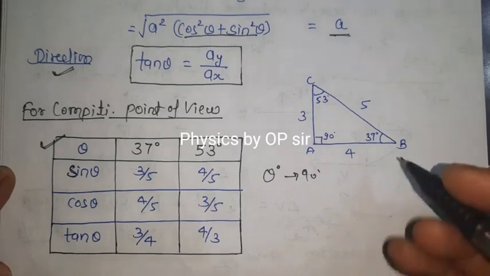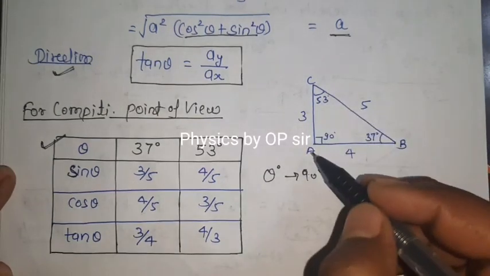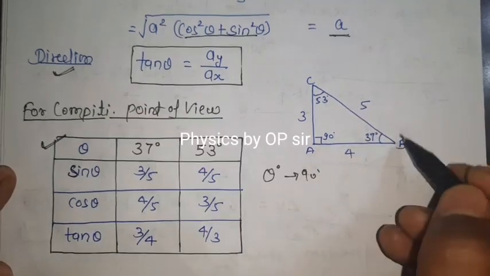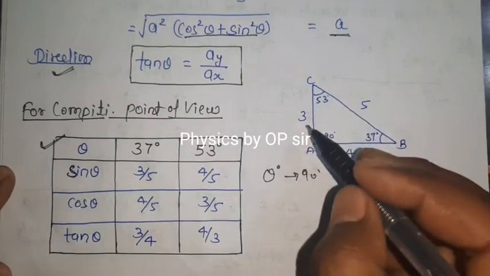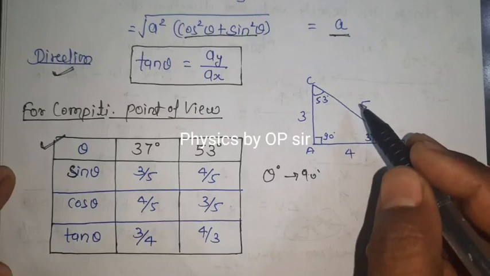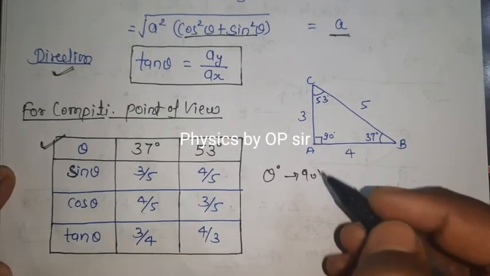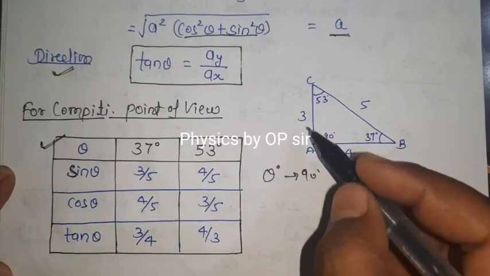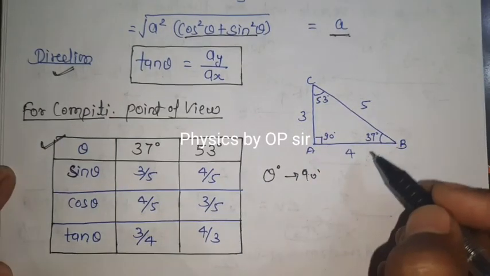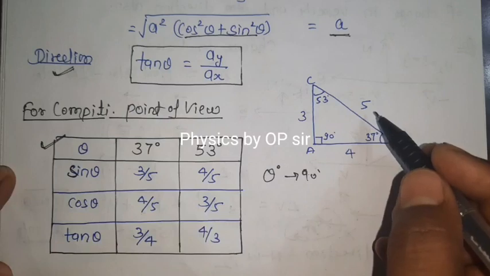For this we take a diagram of a right angle triangle ABC with sides 3, 4 and 5. 3 is the perpendicular, 4 is the base, and 5 is the hypotenuse.